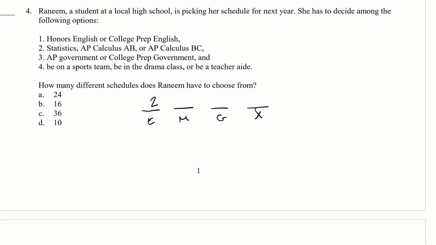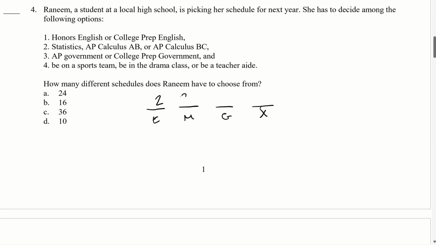She has 2 choices, and then for the second option she has 3, and then for the third option, 2, and then the last option, 3 choices. When we multiply those by the fundamental counting principle, we get 2 times 3 times 2 times 3, which is 36 options. So the answer is C. All right, so that's number 4.